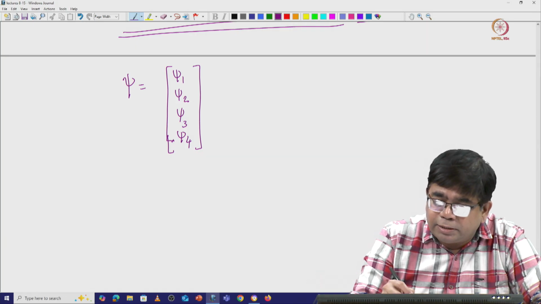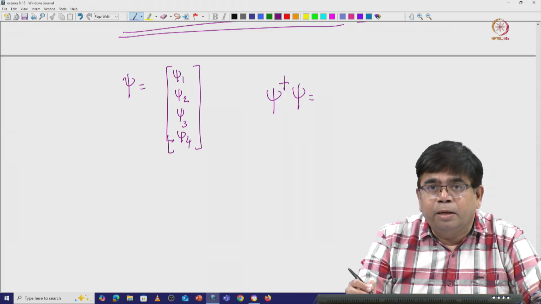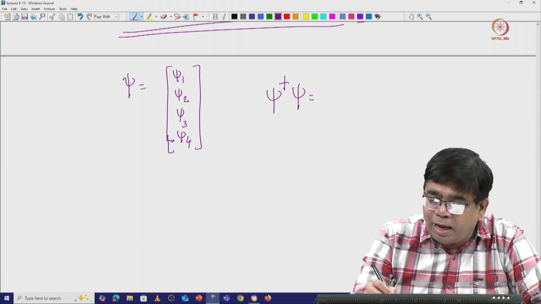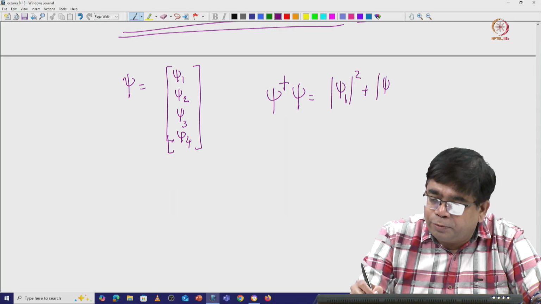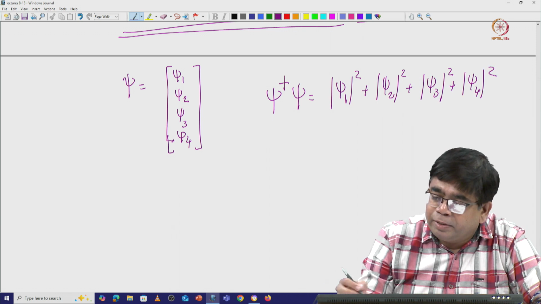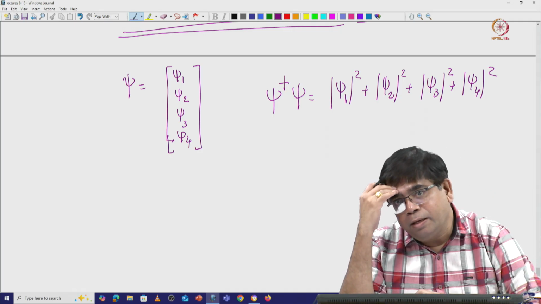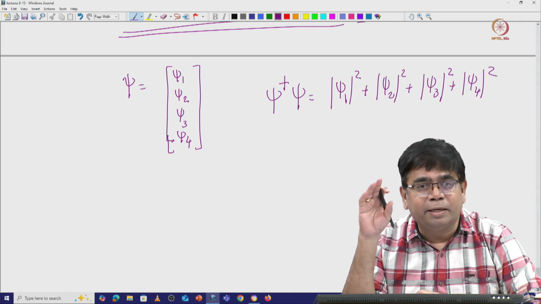Now if you take psi dagger psi, you would expect this to be a scalar, but it turns out this is not a Lorentz scalar. What you will have is psi 1 square plus psi 2 square plus psi 3 square plus psi 4 square. As we will see later on, for the present let us take it as a result.